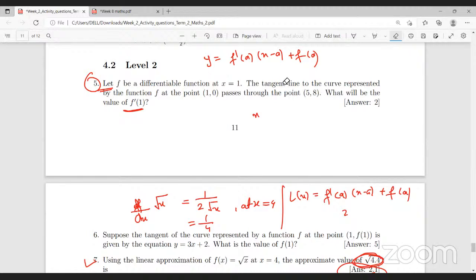Okay, you are using these two points only? The answer is 2, sir. We simply apply y2 minus y1 upon x2 minus x1. Yes, the answer is 2. I have also done it that way.